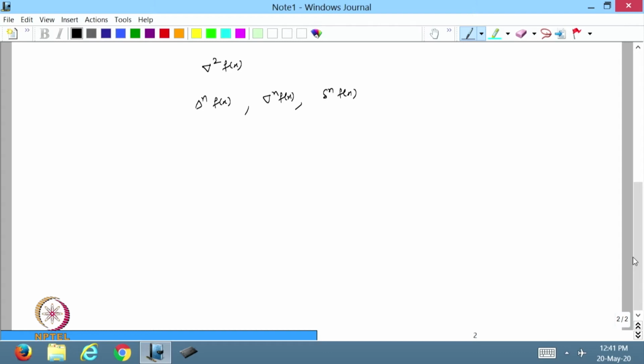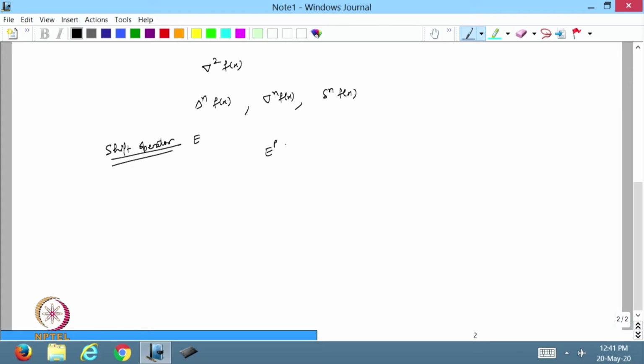Now, I want to use the shift operator. I know that the shift operator is represented by E. What is the meaning of E?